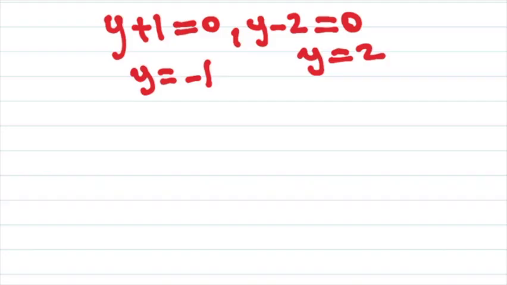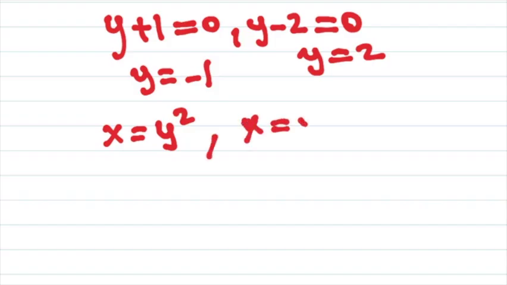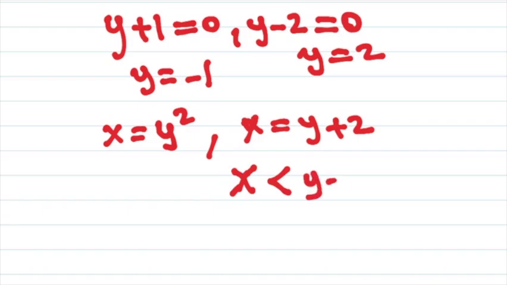Now we have found the values of y, and x is equal to y squared, and the other one is equal to y plus 2. So we can just say the region is between where x is. So it's gonna be like that.